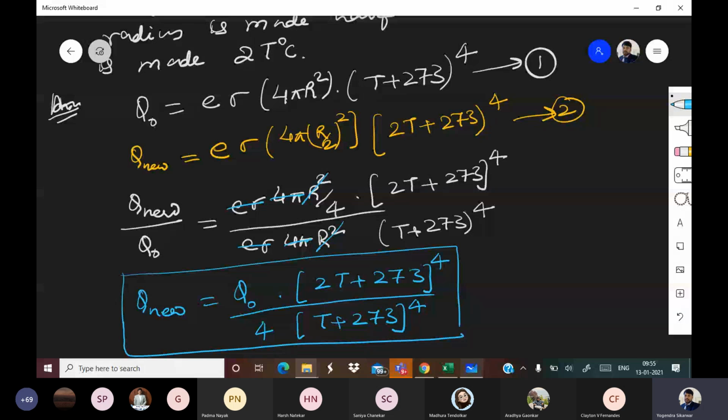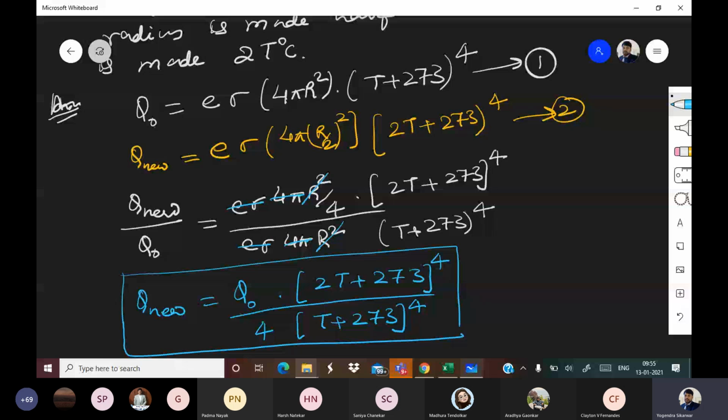Okay. Now, just to give you a little feel of this chapter, suppose there are two surfaces. One surface is polished and one surface is rough. For which surface will the rate of heat emission be more? You can consider them as two spheres.